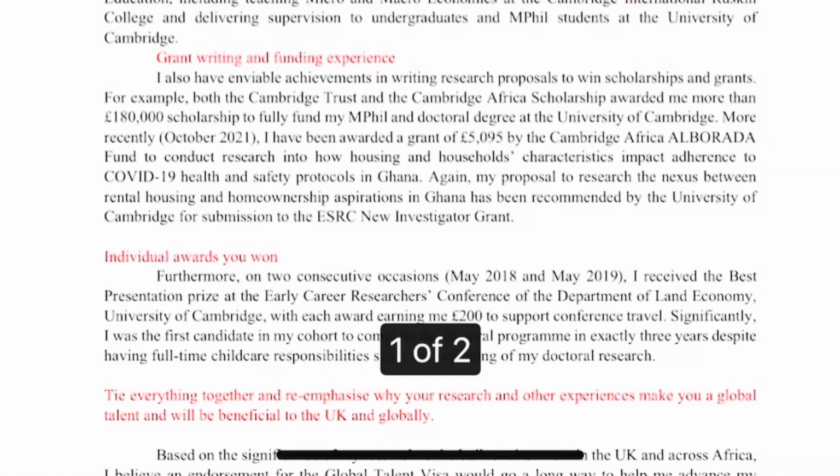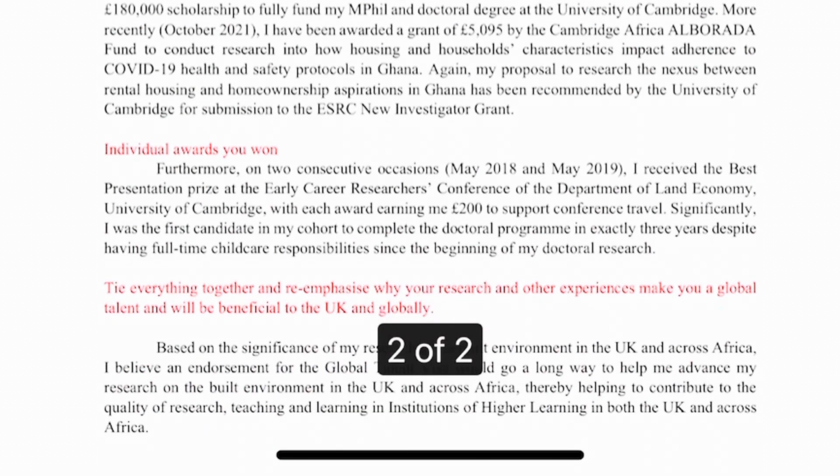And then beyond teaching, I also highlighted the fact that I have achieved some individual successes and also won some grants. And then I made the case that given the opportunity, I'll be able to make a significant or substantial contribution towards scholarship, research, and education in the UK, but also globally. So that is the structure I adopted. Very simple structure, but very, very poignant, very powerful. Yeah, so that was my format.